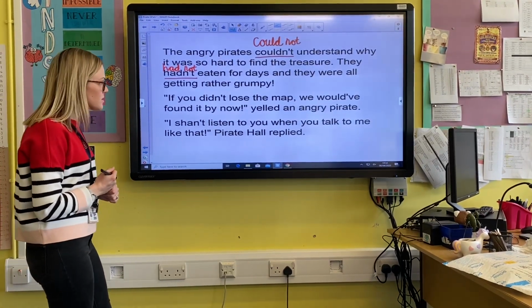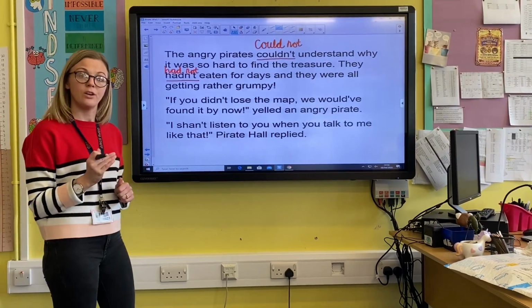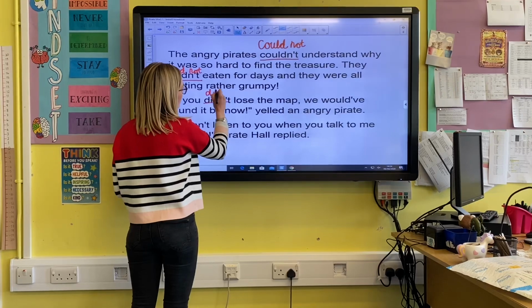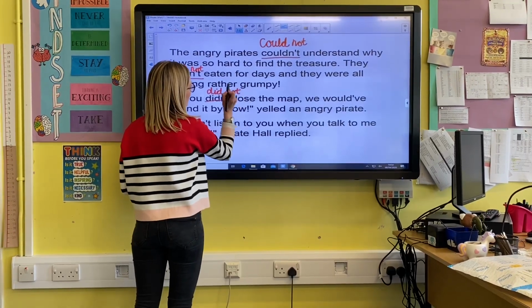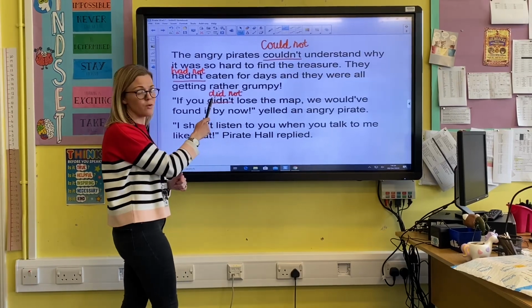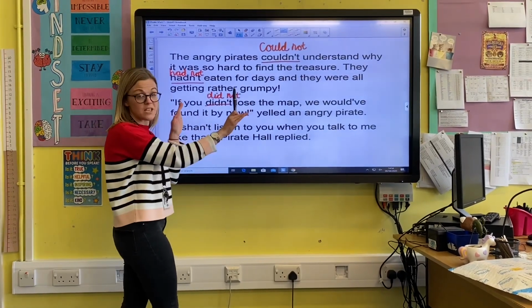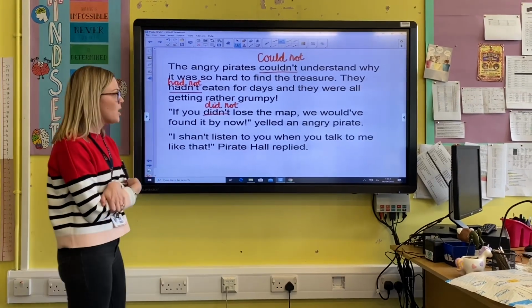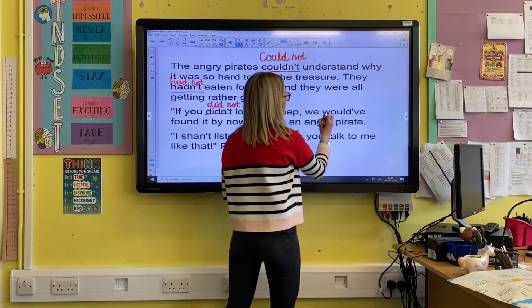If you didn't, did not. And it's really important that when you're going back to the original form, that you're writing them as two separate words at this point. So if you did not lose the map, we would have, would have.